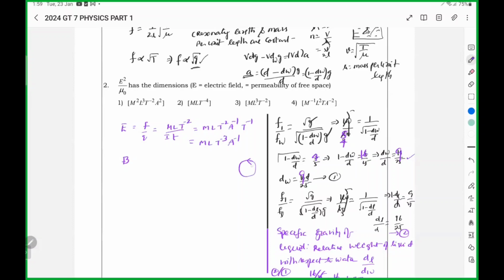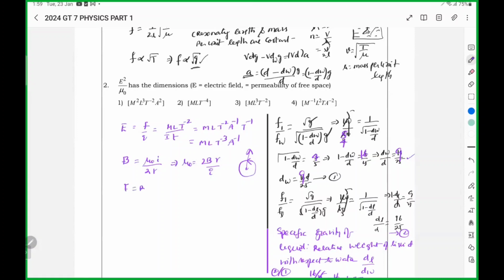When a current is flowing through the loop, the magnetic field will be this. From here, mu naught will be 2 B r by I. Once you know the magnetic field, you can find permeability.